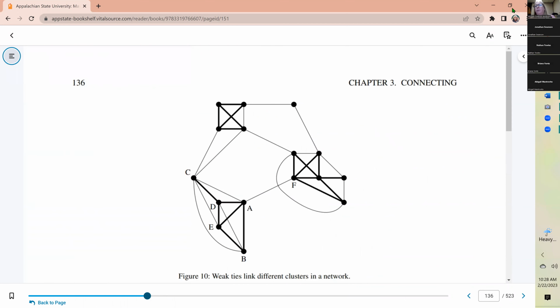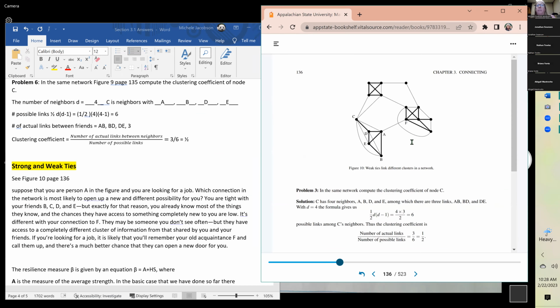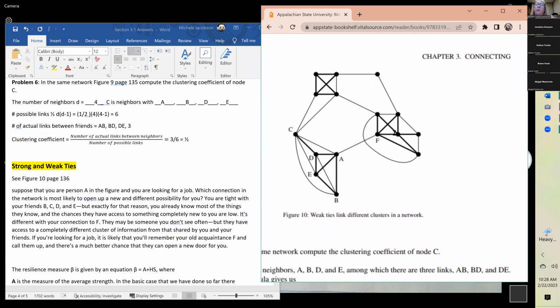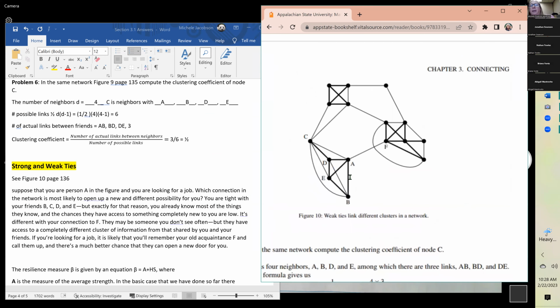This one shows strong and weak. The darker lines are the stronger, and then the thinner lines are the weaker.